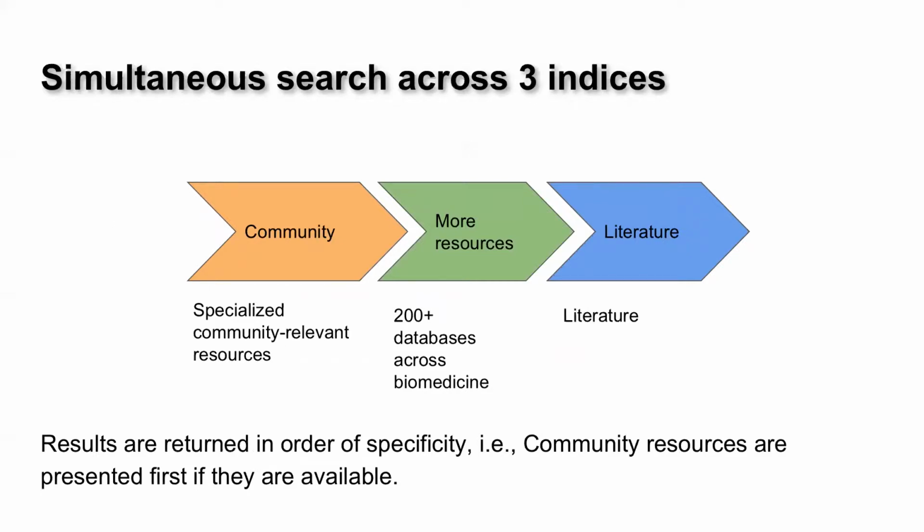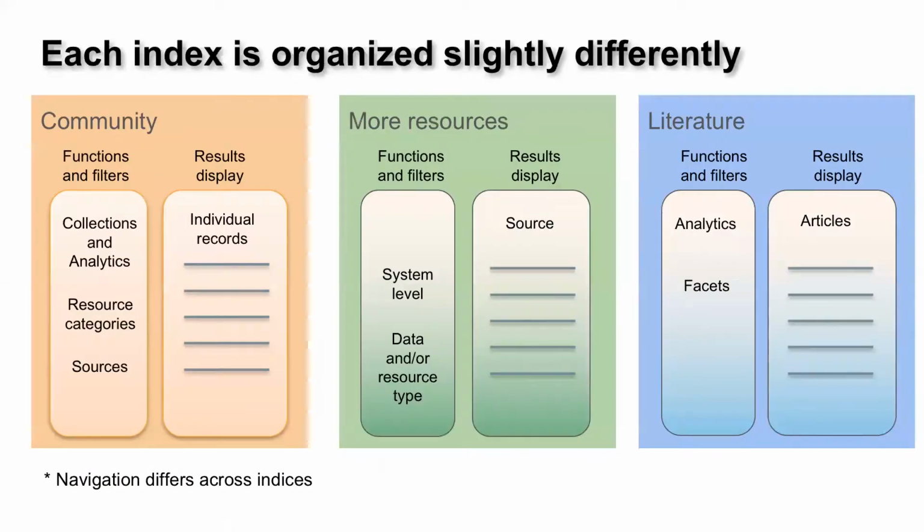So it provides a one-stop shop to come in and look at very different types of information across a large number of areas. And so starting first, we'll be looking at the community resources, which is on the left, and you'll notice that the community resources are organized in a community-specific way in terms of categories that are defined.